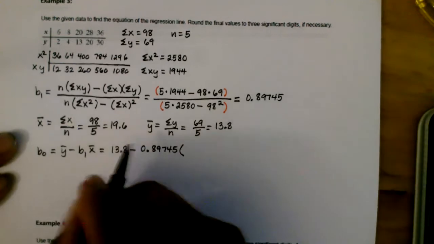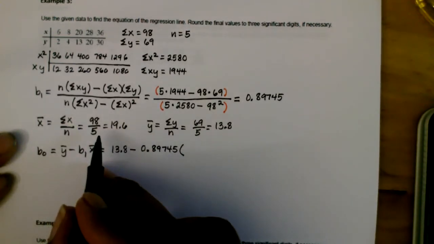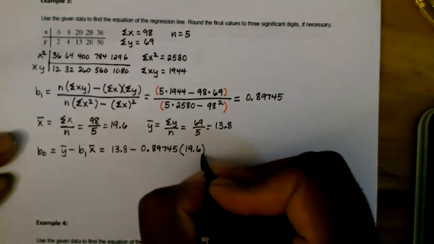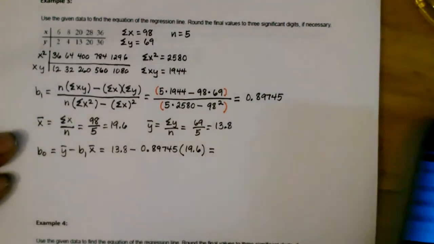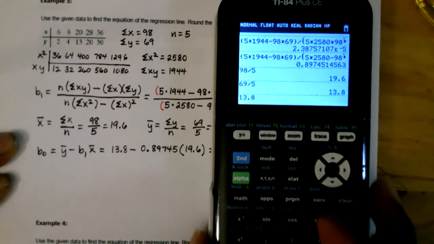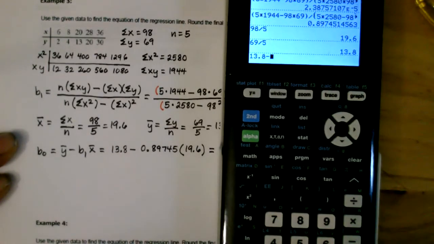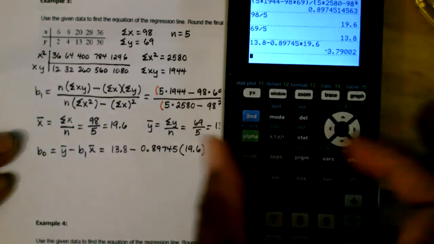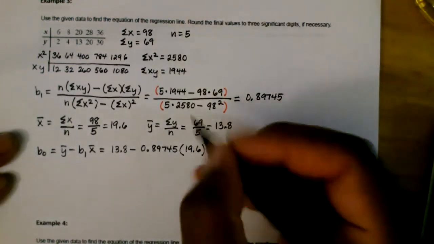That'd be multiplied by what X bar is, in this case, 19.6. Okay, so if I type all this in, 13.8 minus 0.89745 times 19.6, I will get a negative 3.79. And I'm going to round that off to 2 decimal places.